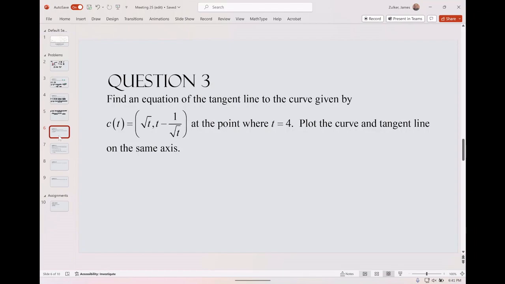So equation of a tangent line to the curve given by that parametrization, root t comma t minus 1 over root t, at the point where t is equal to 4. Then plot the curve and tangent line on the same axis.